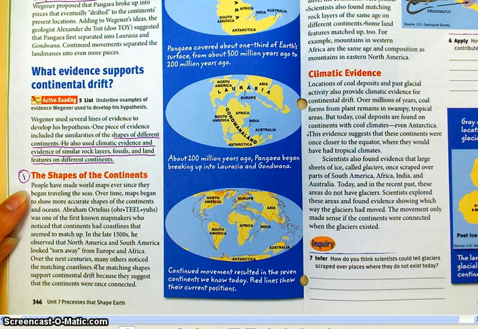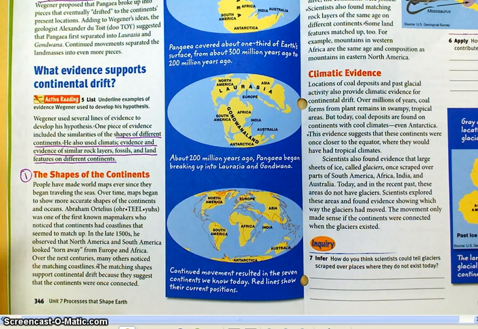So people have made world maps ever since they began to travel the seas, and over time, maps began to show more accurate shapes of the continents and oceans. Abraham Ortelius was the first of the known map makers who noticed that the continents had coastlines that seemed to line up, or that seemed to match up.